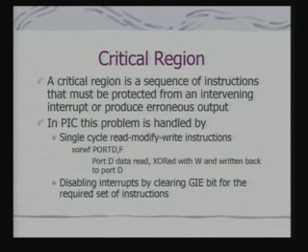One is you have single cycle read, modify, write instructions. In this case you read, check and modify in one cycle. So, after the read there cannot be an interrupt before you really modify, that is, change the status.